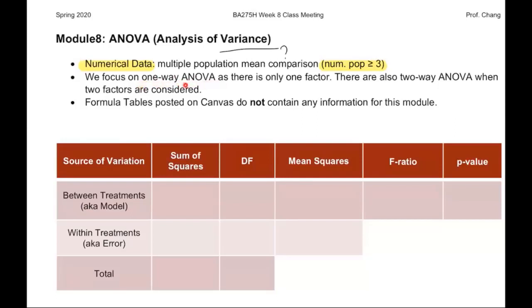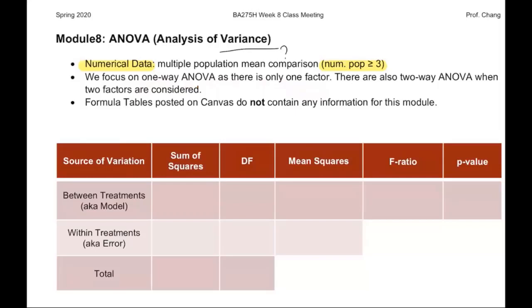Okay, and so the kind of Anova test we are focusing on in this class is called a one-way Anova. And the reason for that is because there's only one factor. If you watch the passenger class example, the satisfaction of the airplane passengers in this week's module, you probably remember there's only one factor there, even though you have 3 different groups or 3 different classes, or some other textbooks call it treatments.